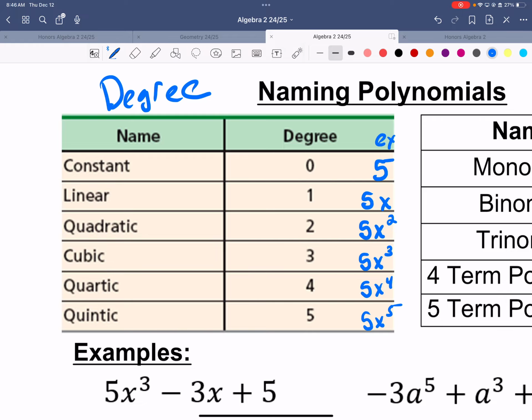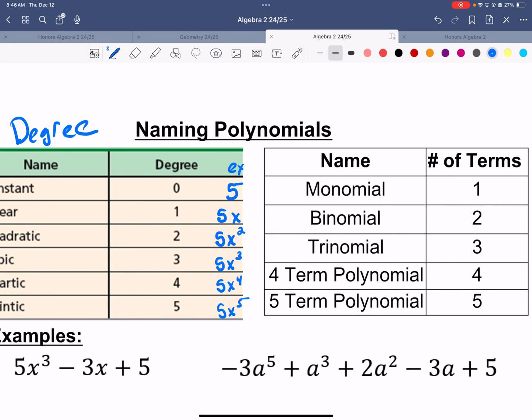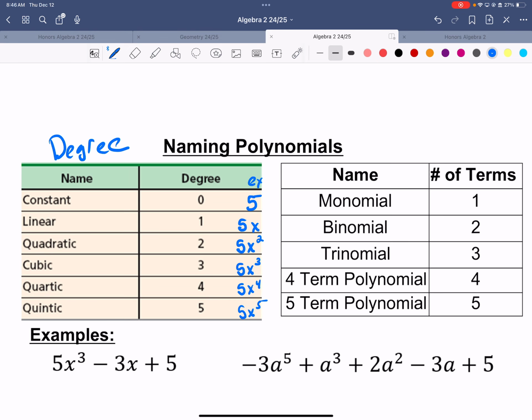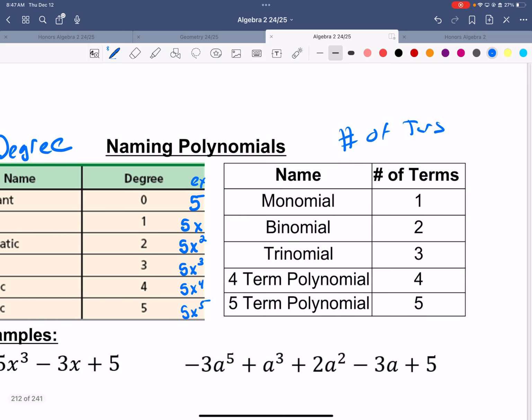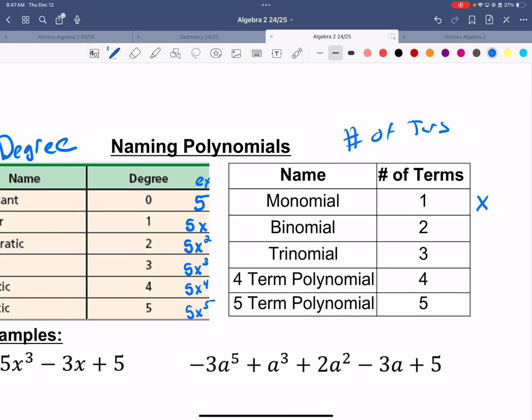We can also name it by the number of terms that it has, and this is a whole lot easier, and we've done this before. By the number of terms. Monomial is 1 term. So an example of monomial would be like x. That's a monomial, 1 term. Binomial, bi means 2.